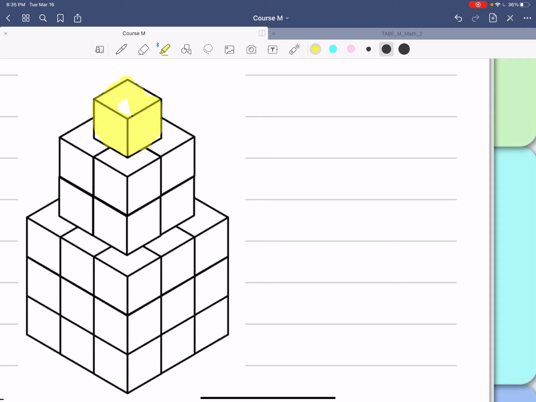So here's this 1 cube on top. So we know that we have 1 cubic unit in the yellow. Okay, this one, which I will make blue. Now I'm going to use a formula. I like formulas because that means I don't have to worry about the things I cannot see.